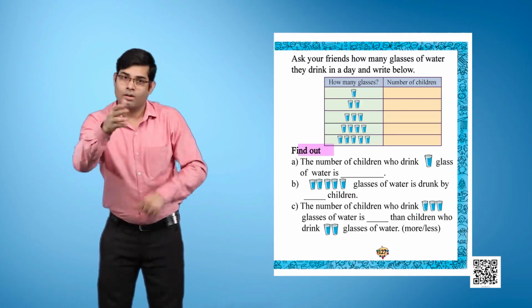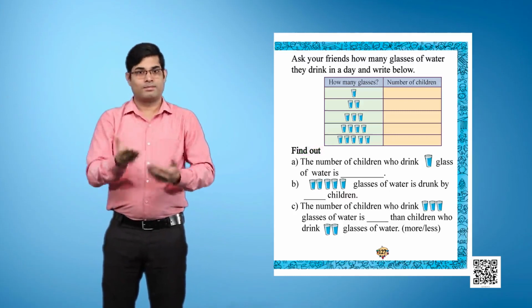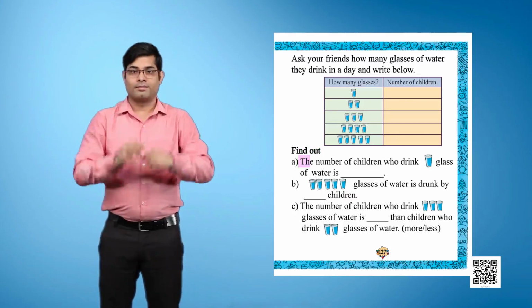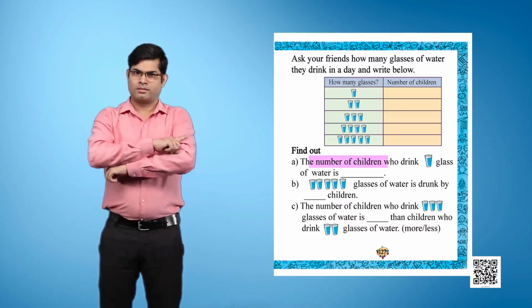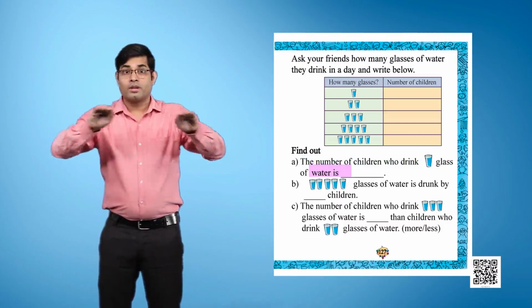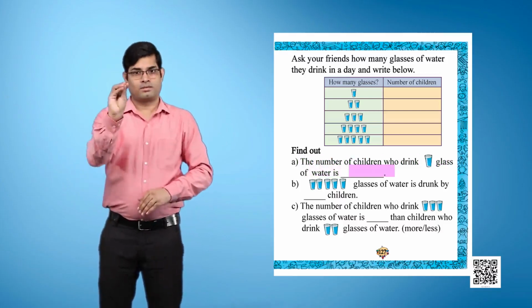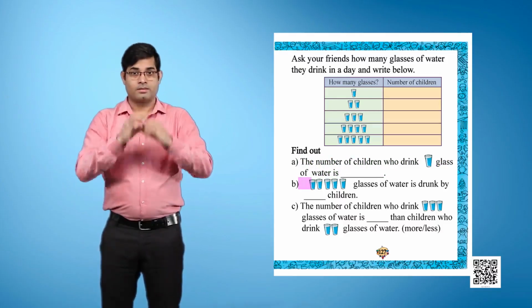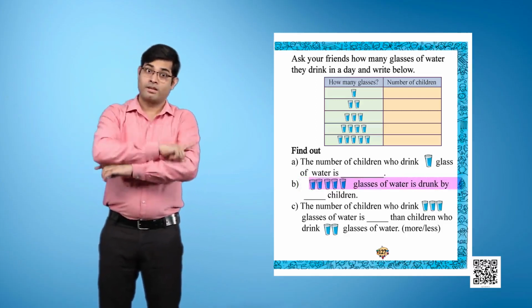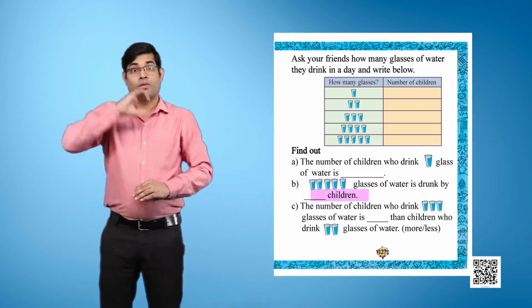Find out. Question A. The number of children who drink 1 glass of water is dash. B. 5 glasses of water is drunk by dash children.